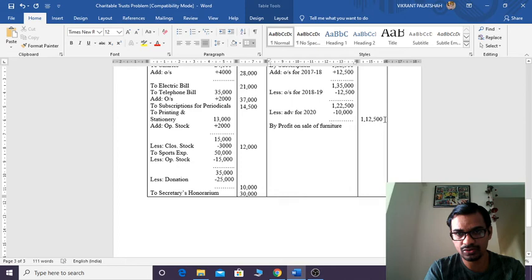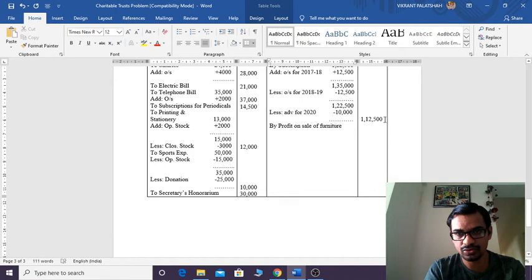The total amount of the locker rent given is 17,050. And what is mentioned there? Outstanding locker rent of 2017-18 is 3,050, and for the current year 2018-19 it is 1,500. So if there is outstanding of the previous year, that we have to deduct. 2017-18, how much is that?